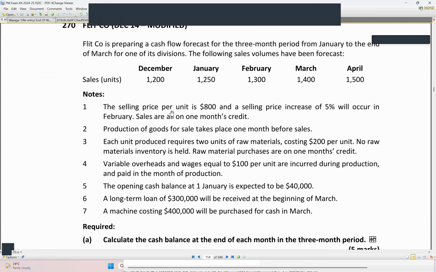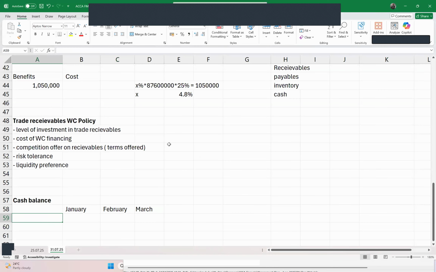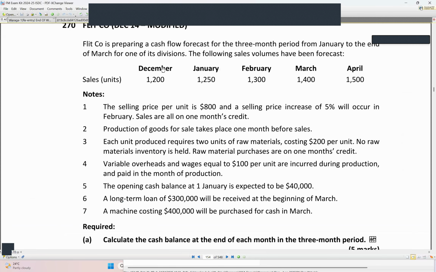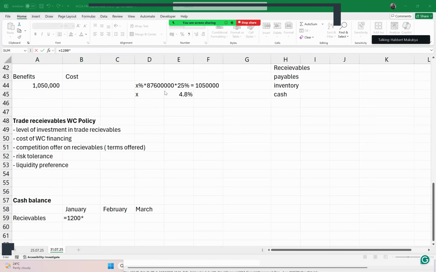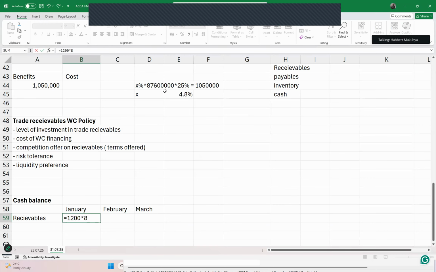Now, if we start with the selling price per unit, 800. So the sales of December shall be paid in January. So we can put here receivables because they are not sales in that month. So in January, we shall get sales of December, which is 1,200 multiplied by 800. So that is 960,000.